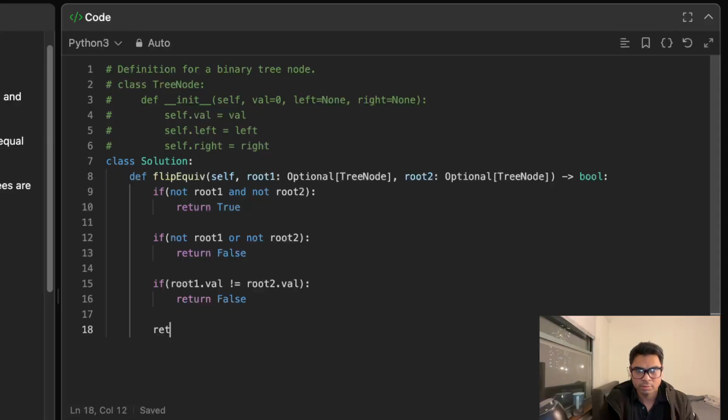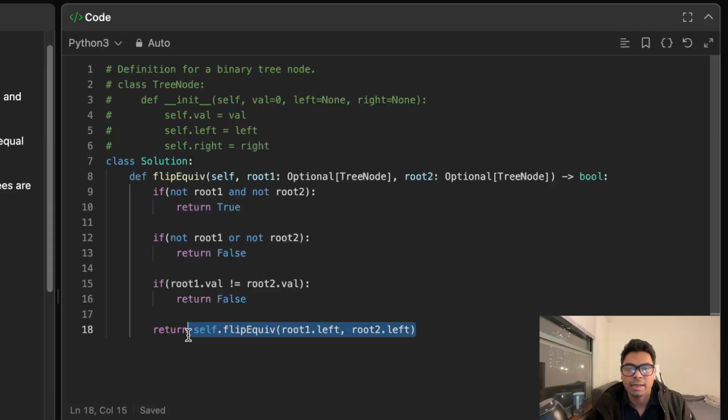Otherwise we return self.flipEquiv on root1.left and root2.left, and on root1.right and root2.right, both must be equal.